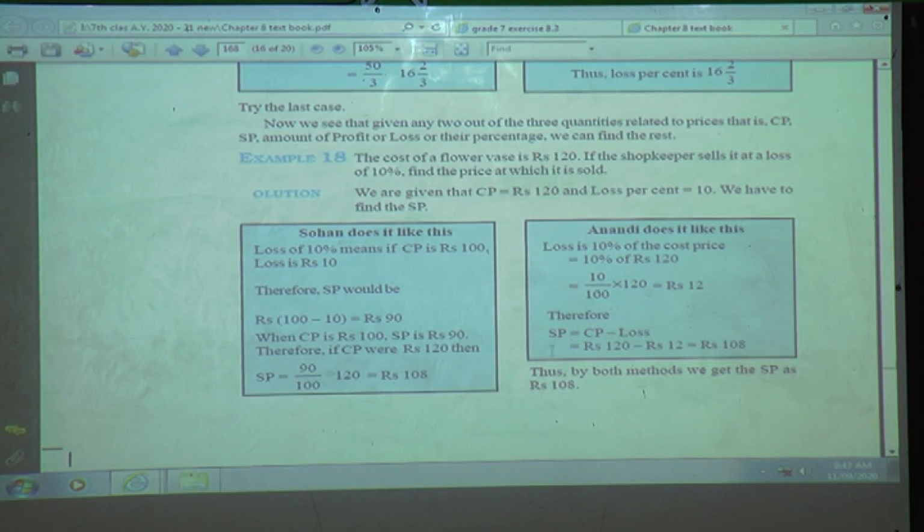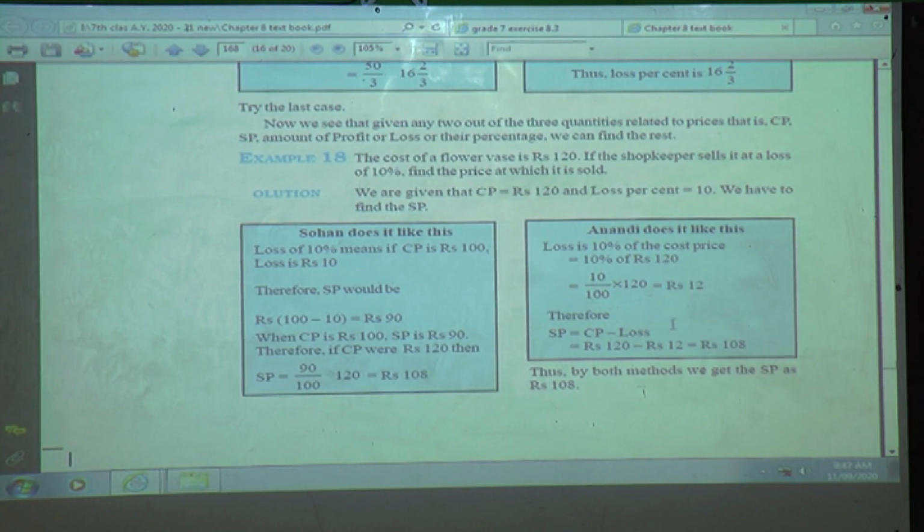So we have to find out the selling price, that is SP is equal to CP minus loss. What is CP? CP given to us is 120. 120 minus the loss, which is rupees 12.